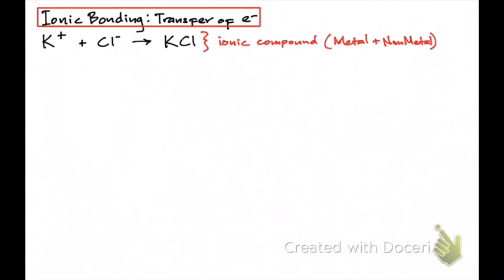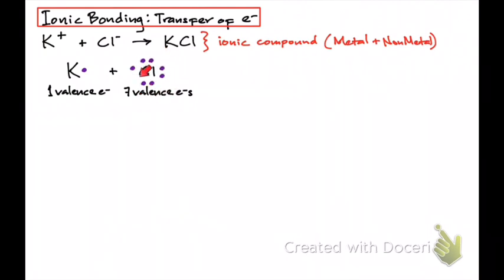The metal contains one valence electron. This valence electron from the potassium metal will be lost, donated to the non-metal, which is the chlorine atom here.